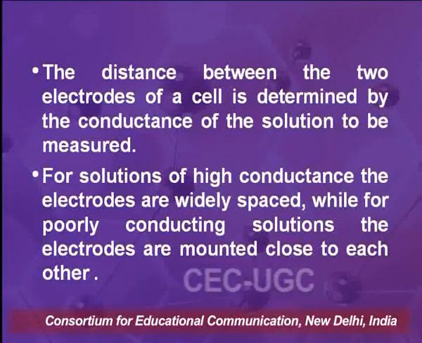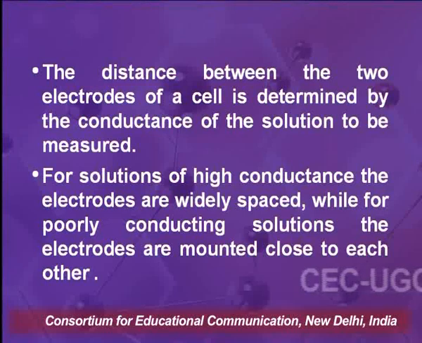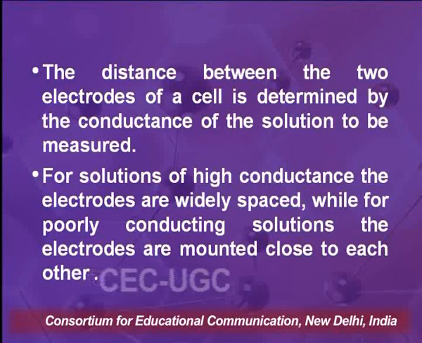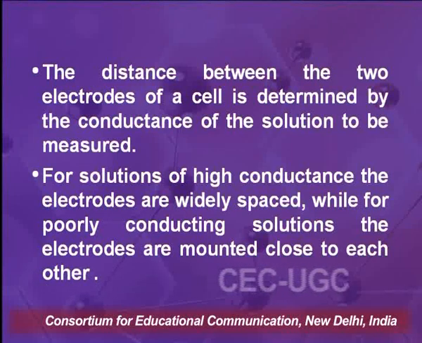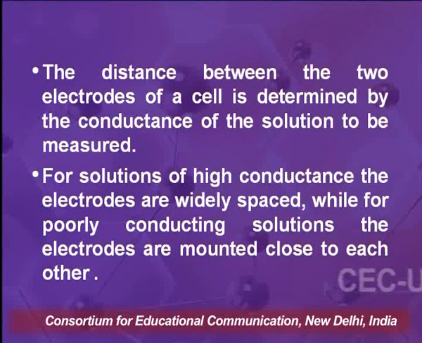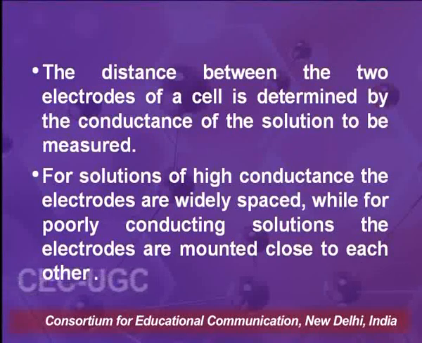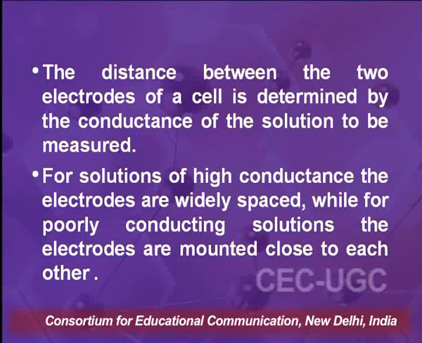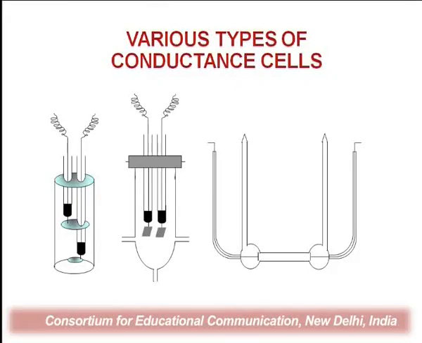The distance between the two electrodes of a cell is determined by the conductance of the solution to be measured. For solutions of high conductance, the electrodes are widely spaced, while for poorly conducting solutions, the electrodes are mounted close to each other. These are the different types of electrolytic cells which are used.